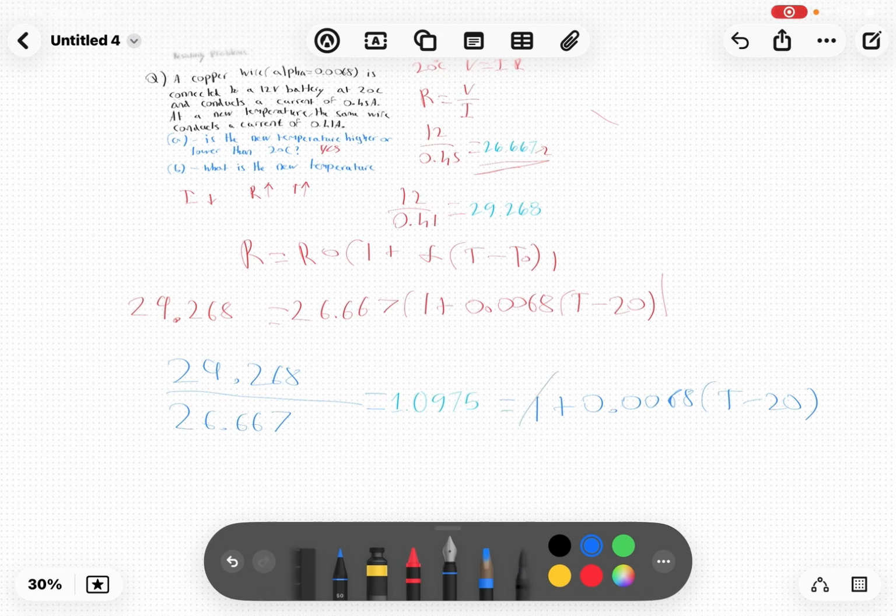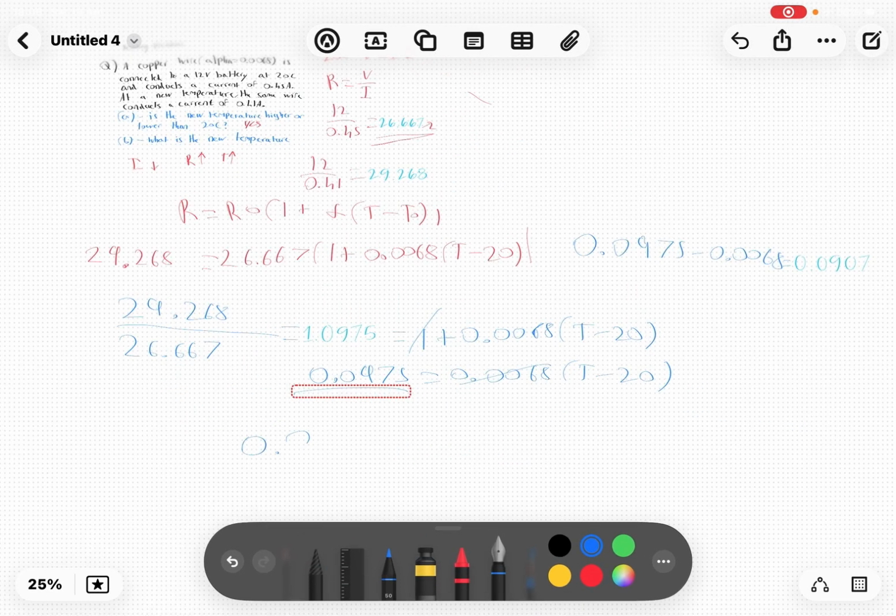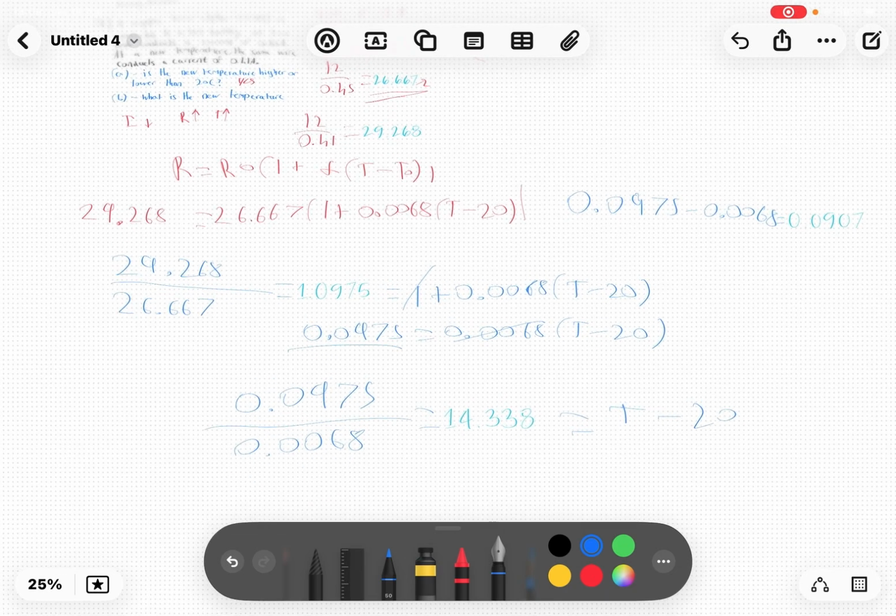So let's get rid of the 1, so 0.0975. So 0.0975 divided by 0.0068 equals this, and then this is equal to T minus 20, and then we just add the 20, so 34.33. So T equals 34.33 degrees. This is the new temperature, and this is all for today. Thank you very much.